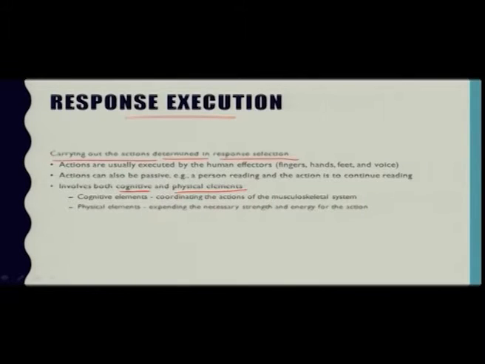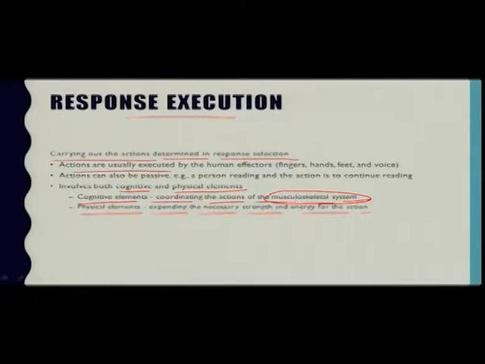The cognitive element is concerned with coordinating the actions of the musculoskeletal system, the description of which we have covered in the physical ergonomics part, and the physical element deals with expending the necessary strength and energy to accomplish that particular action. So our action can be direct, active or passive.